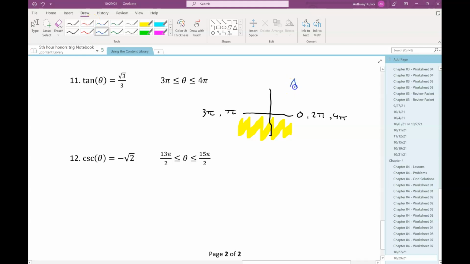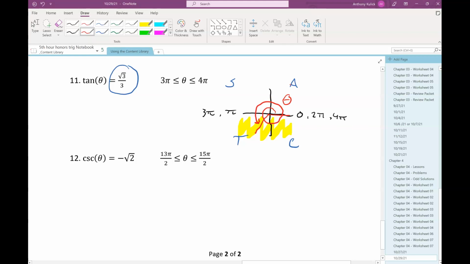If I do my all silly turtles crawl, I know that tangent is positive in quadrant 3 or quadrant 4. I know that's really quadrant 4. So if I draw my standard position angle, that's my theta. So far, so good.